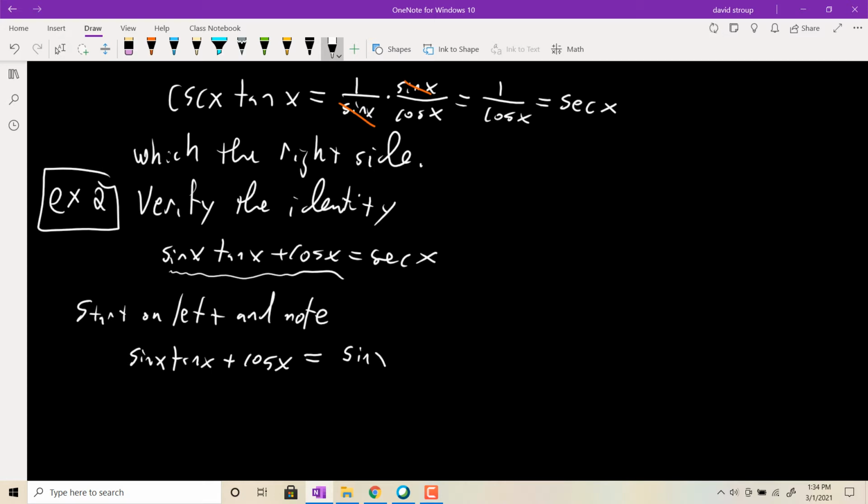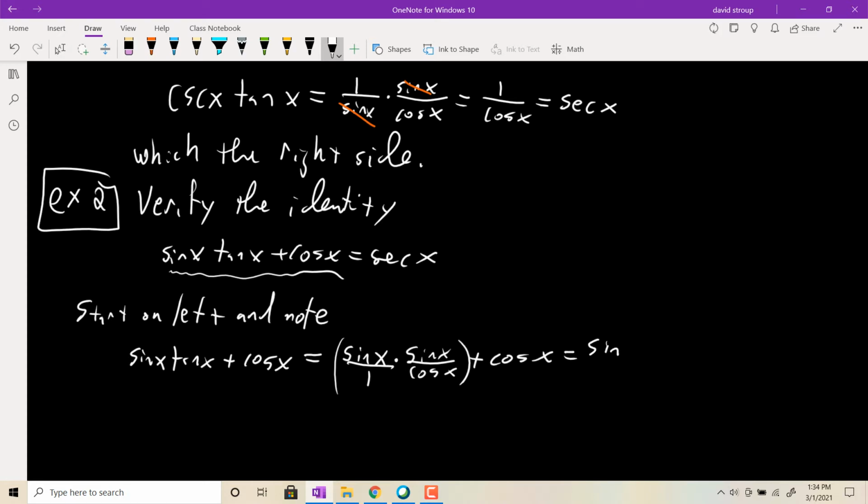So here we go. Sine x times sine x over cosine x, plus cosine x. I could turn this into a fraction again. That should be sine times sine, sine squared over cosine x.